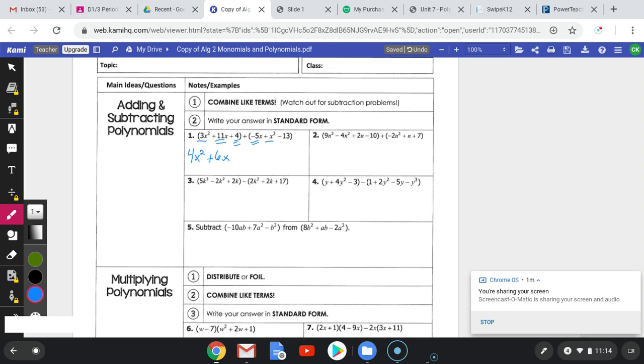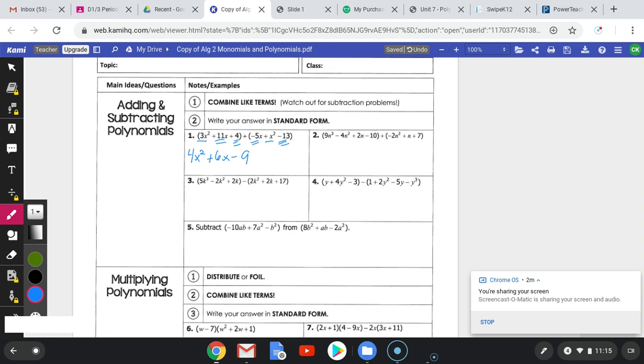And then this positive 4 combines with the negative 13, so 4 minus 13 is negative 9. As it says, write your answer in standard form. Remember, that would be in terms from the highest exponent to the lowest exponent. And that's it. Just like it says up here, you just gotta watch out for the subtraction sign.